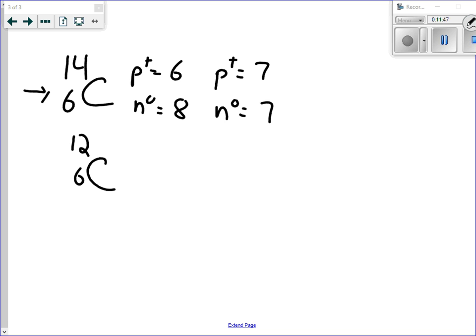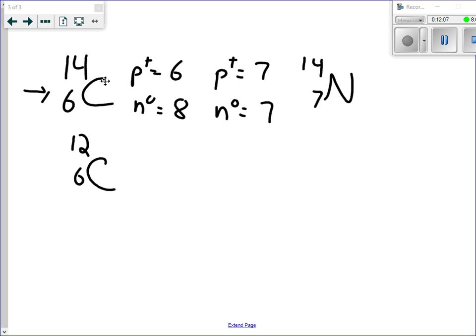What element is element number 7? Nitrogen. 7 plus 7 is 14. Through that type of decay, we now have a more stable isotope. Even number of protons and neutrons, it makes nitrogen.